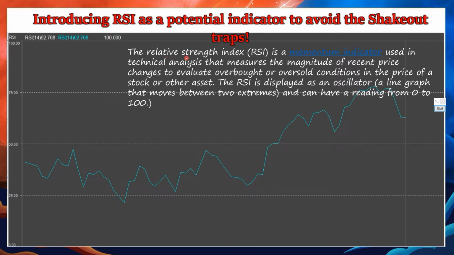Now, the Relative Strength Index, RSI, is a momentum indicator used in technical analysis that measures the magnitude of recent price changes to evaluate overbought or oversold conditions in the price of a stock or other asset. The RSI is displayed as an oscillator. There is a line graph that moves between two extremes and can have a reading from 0 to 100.